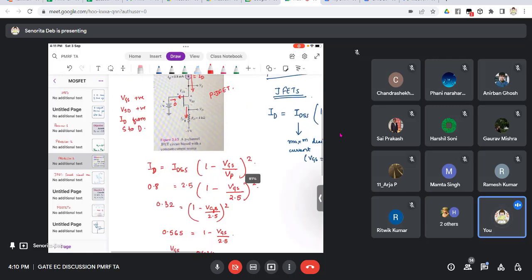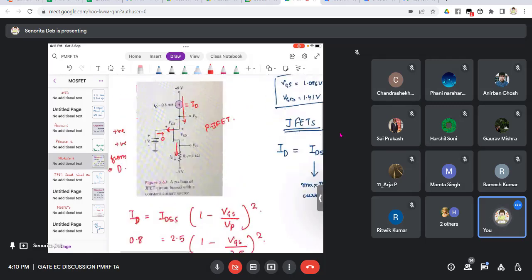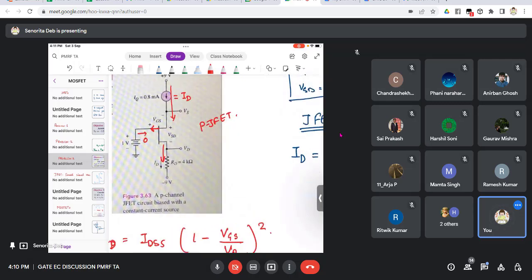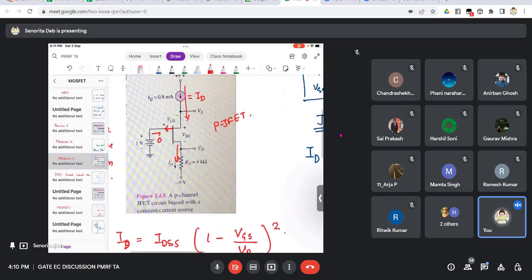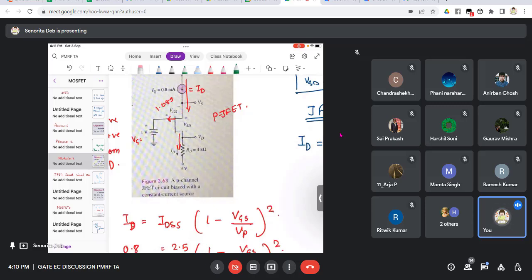Now we will find VSD from here. How will you find VSD? You see here VGS is given. This VGS we just found out, 1.085. Now VG is given. VG is 1 volt. So what you will do? You put a KVL from here to this loop, not here, because VSD is unknown, so we cannot put a KVL here.